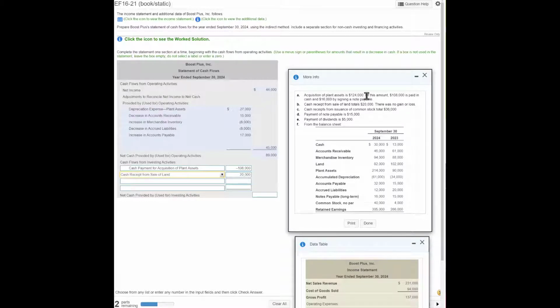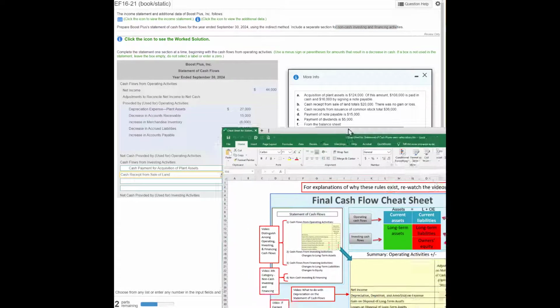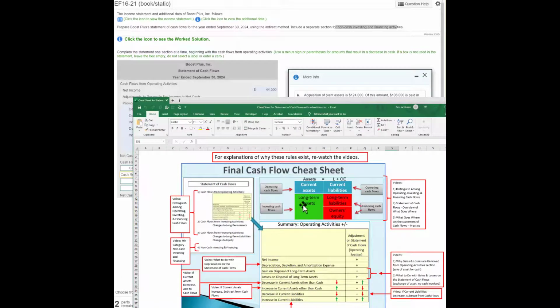So let's get back to this $16,000 of a note, signing a note payable. This is going to go in the fourth section, the section for non-cash investing and financing, but my accounting lab will not let us jump to that section, so we have to remember to put that in that section when we get to it. So next, remember we're working on long-term assets.